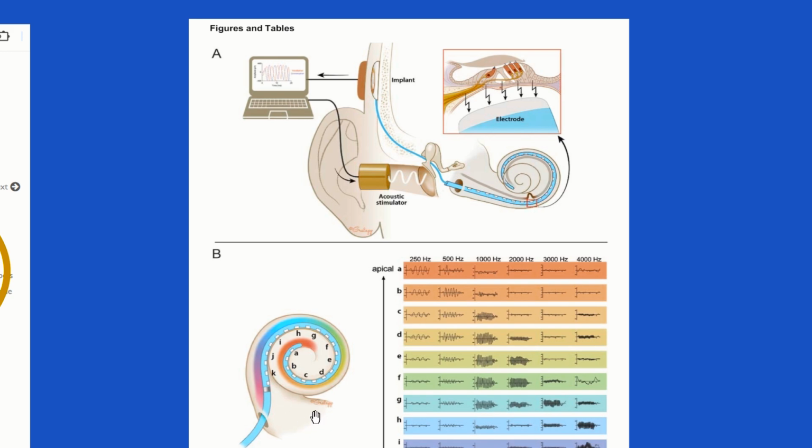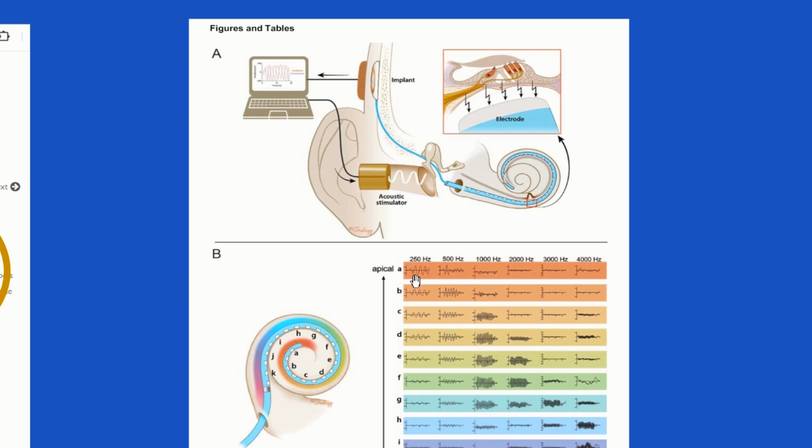So let's look at the bottom left here. Let's assume there's fluid inside this sac, and it spirals into a more narrow region at position A, whereas it's wider at position K. And all along this spiral, there are little hair cells that contact nerve fibers that go to the brain and tell it how strong things are at that region.